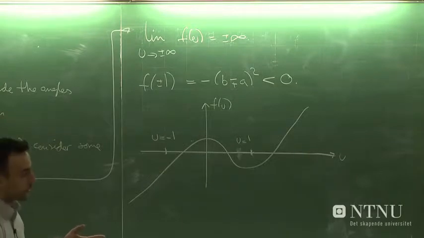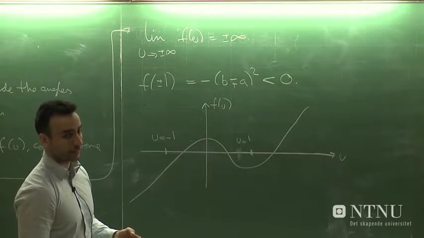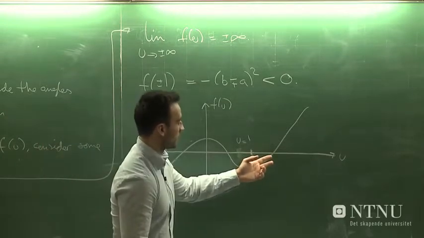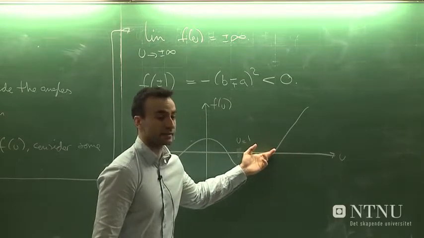And f is a polynomial to the third degree, so it should have 3 roots. 3 values of u in general, where the value of the function is 0.